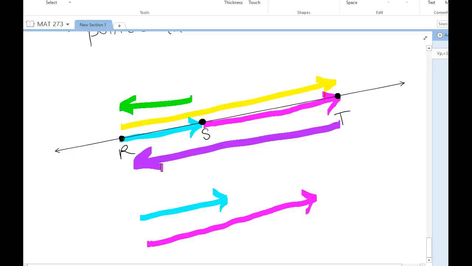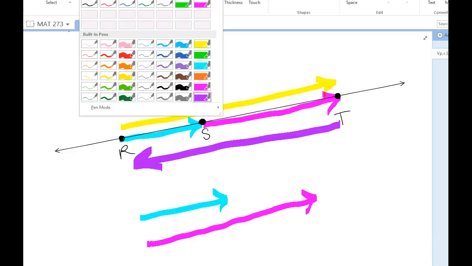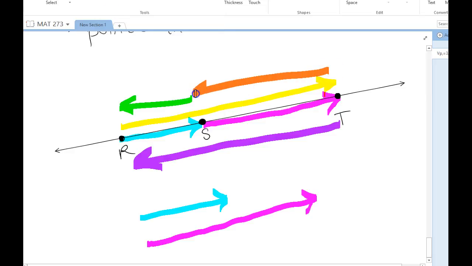We could make TS. So we can go end to end, or we can break it up. There's 6 different vectors there.